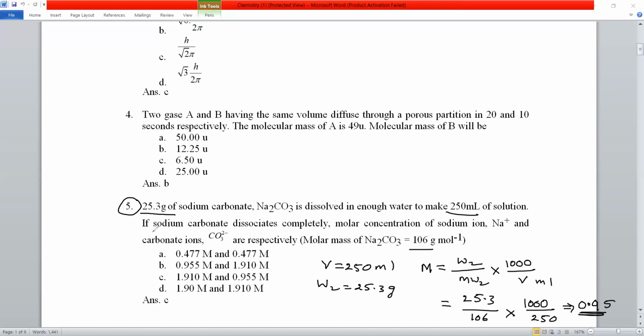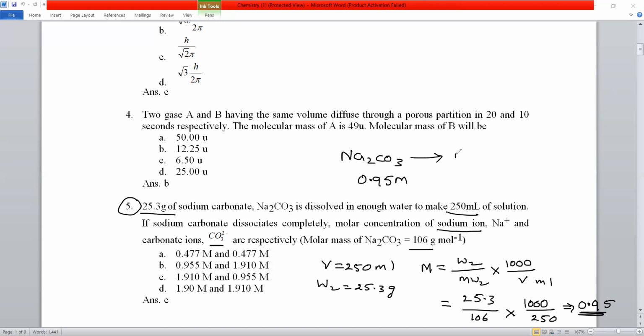Now what is being asked here? The sodium carbonate dissociates completely. The molar concentration of sodium ions as well as carbonate ions they are asking. So the solution is Na2CO3, and this concentration is 0.95.